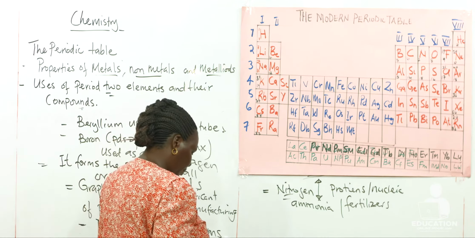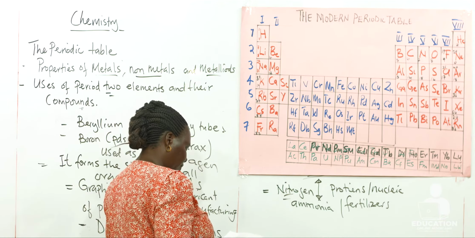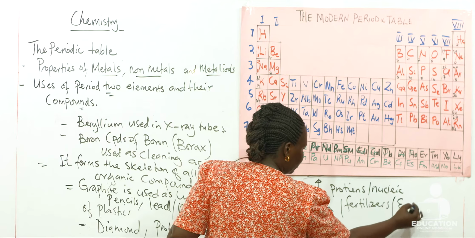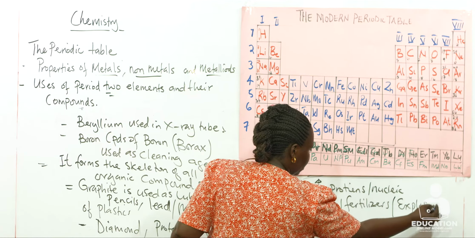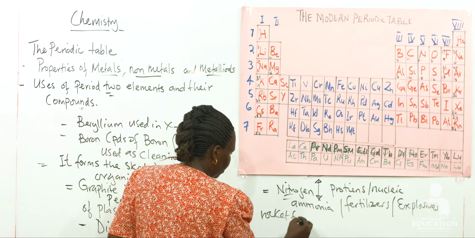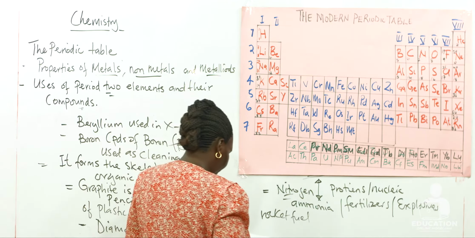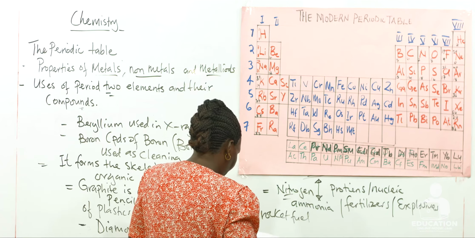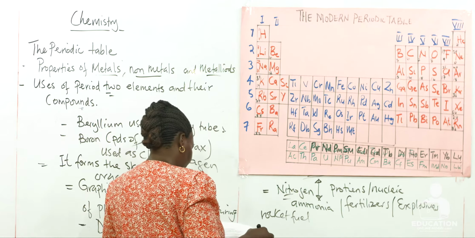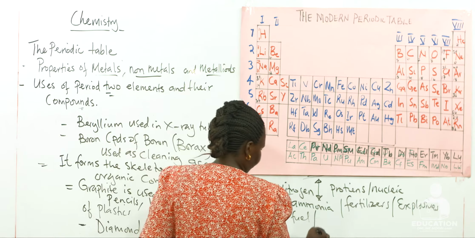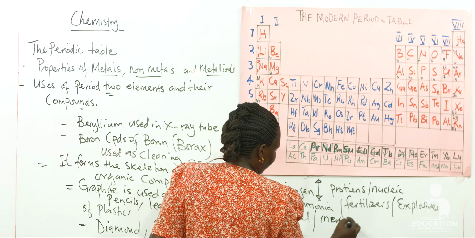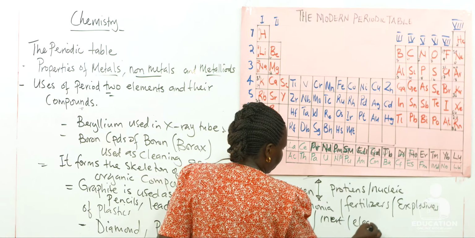And then explosives. It is used in explosives, rocket fuel, and then we have it as an inert, that is an unreactive, blanket for electronic equipment.